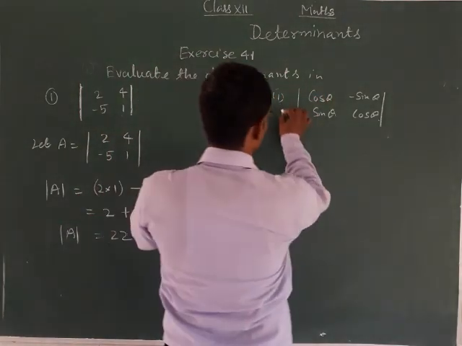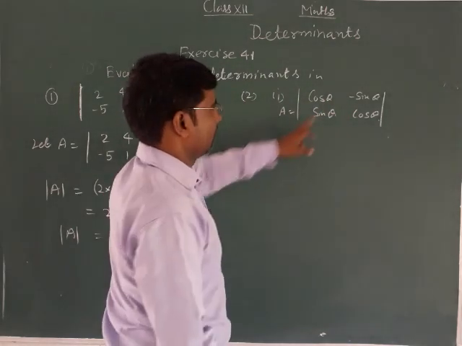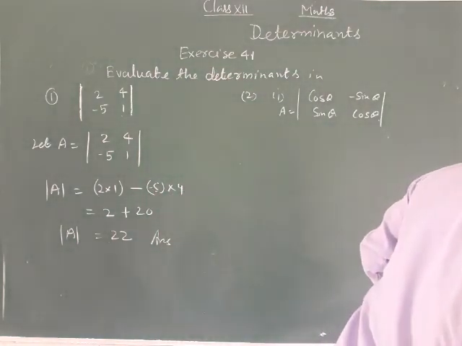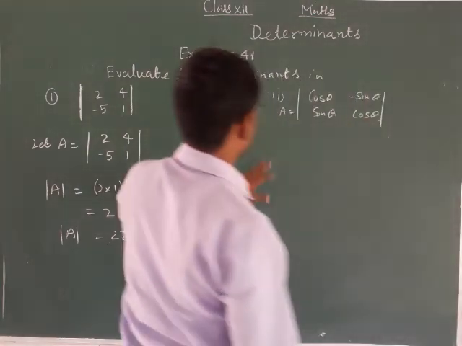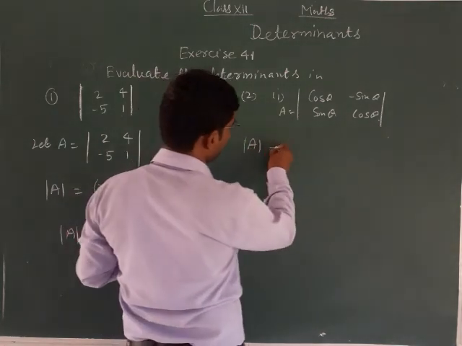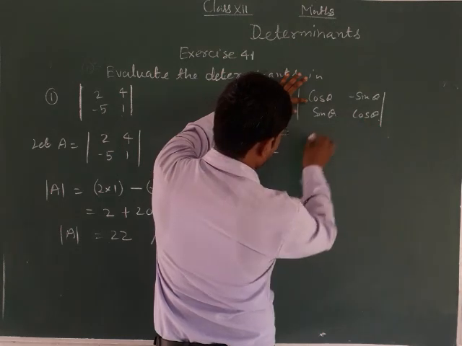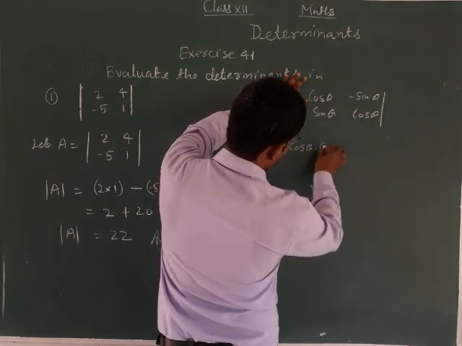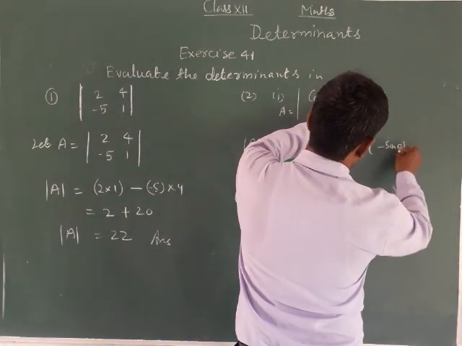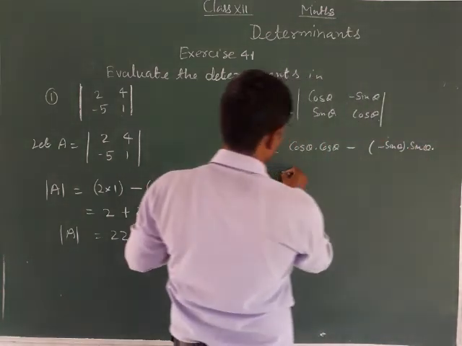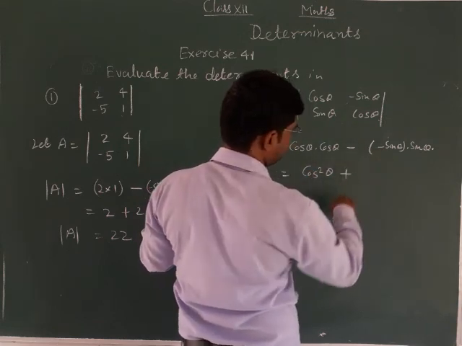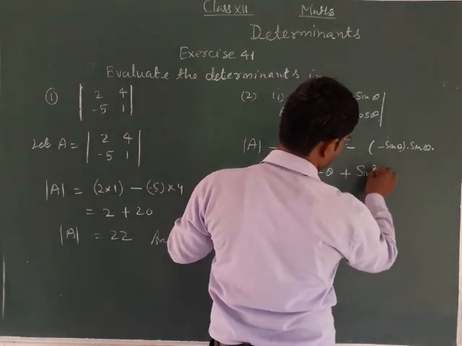Also question number 2, first part. Let matrix A have elements cos theta, minus sin theta, sin theta, cos theta. The determinant of A is cos theta into cos theta minus minus sin theta into sin theta. That is cos square theta plus sin square theta.